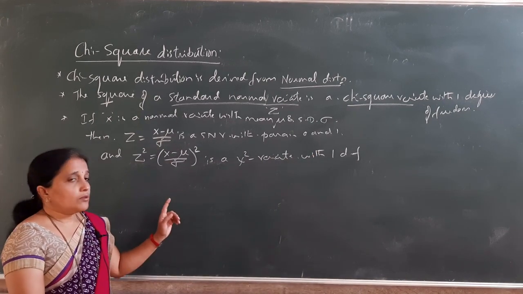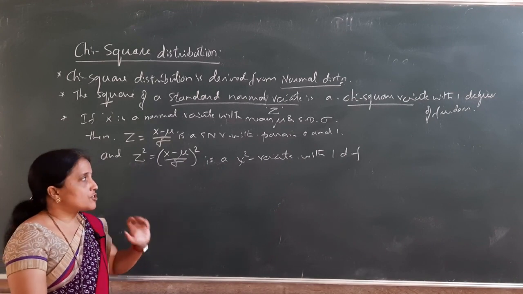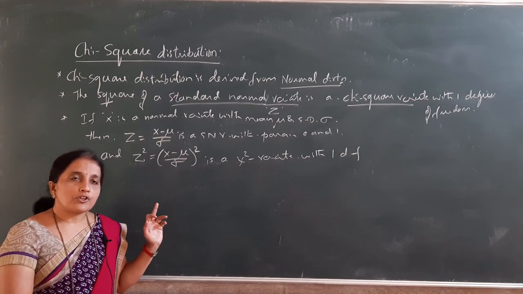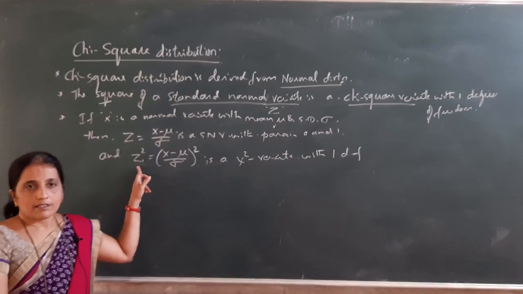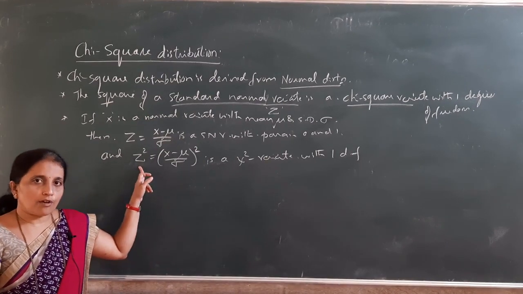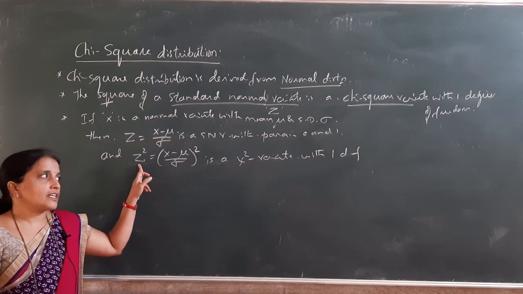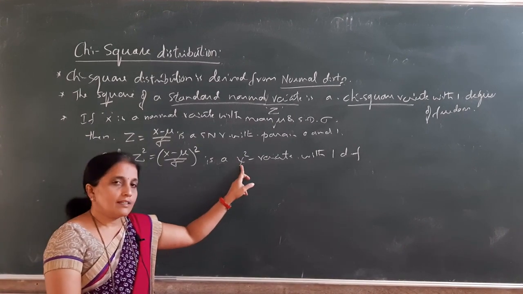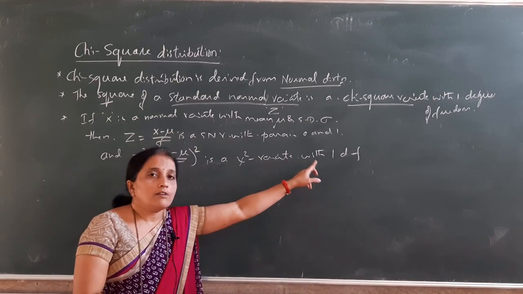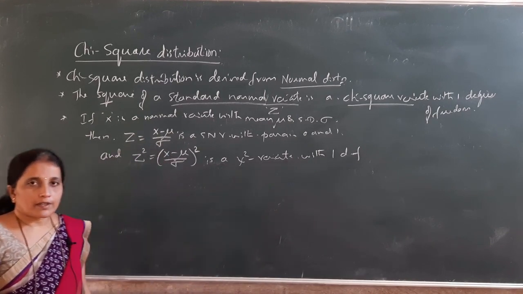Now, here is a 1 mark question. What is the distribution of Z square? The answer is, the distribution of Z square is a chi-square distribution with 1 degree of freedom.